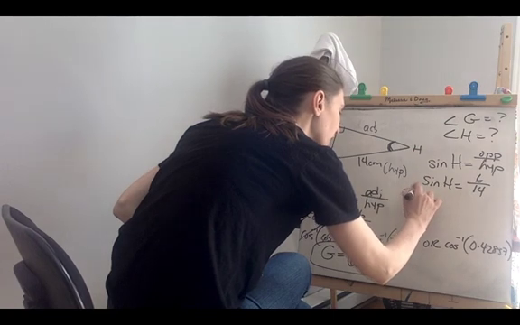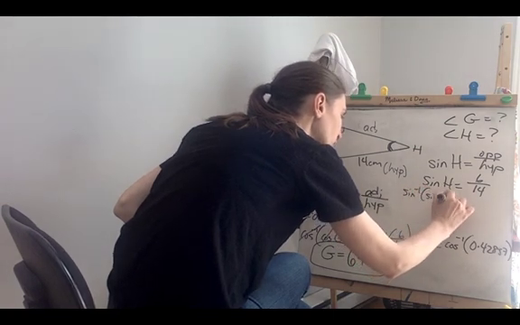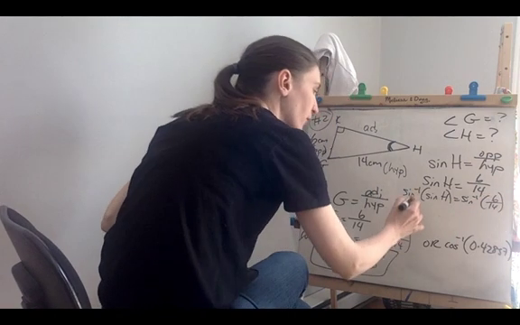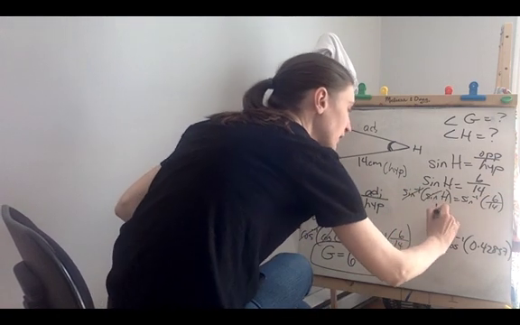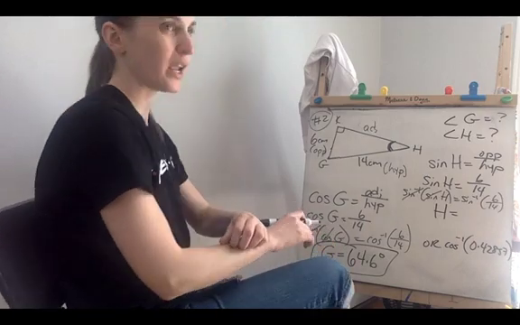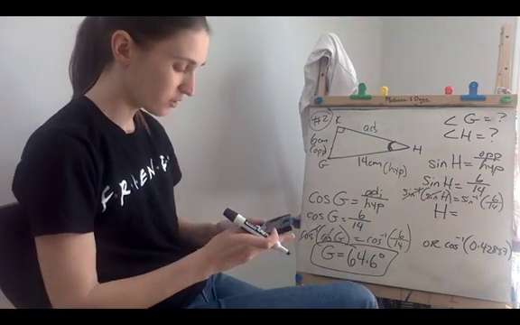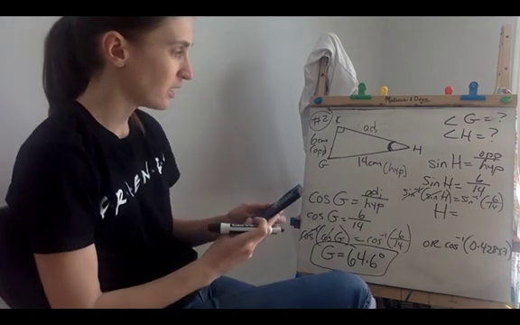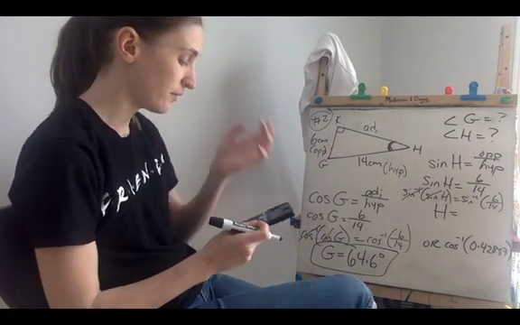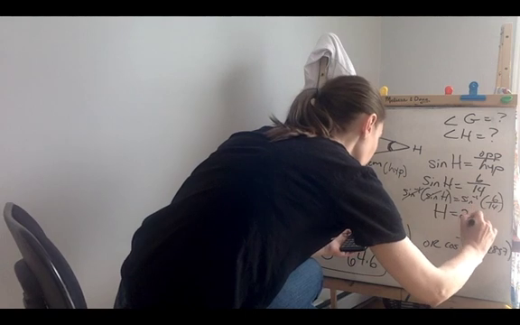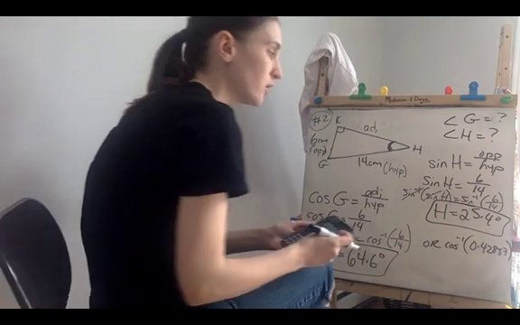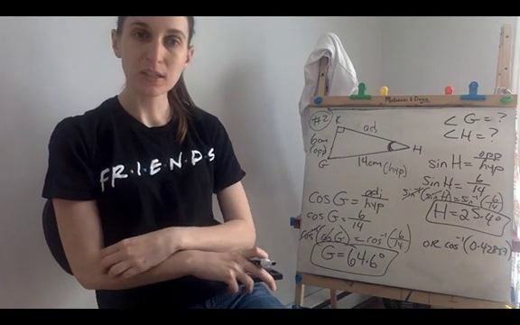So I take sine inverse of both sides. The sine inverse cancels with the sine, giving me just a value for H. So I can do sine inverse of 6 over 14, or sine inverse of 0.42857, and get my value of 25.4 degrees.